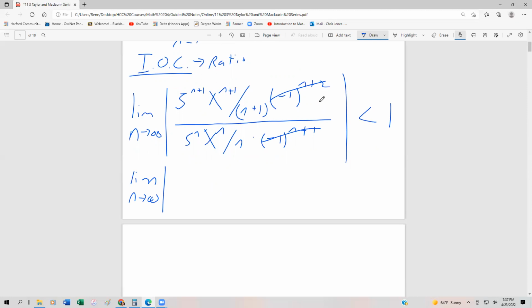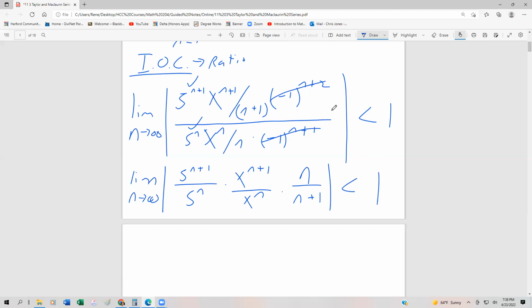And then we're going to group like expressions. So we have 5 to the n plus 1 divided by 5 to the n, and then x to the n plus 1 divided by x to the n, and then finally n over n plus 1 if we simplify this. And it has to be less than 1.